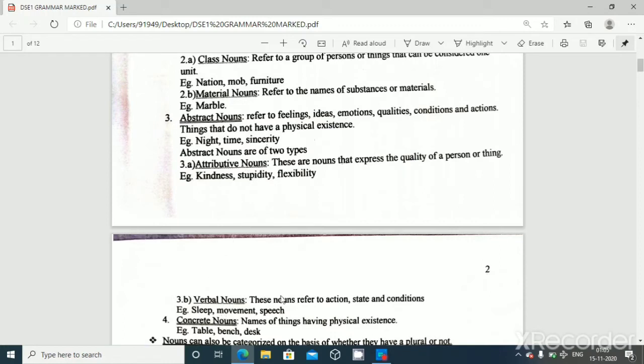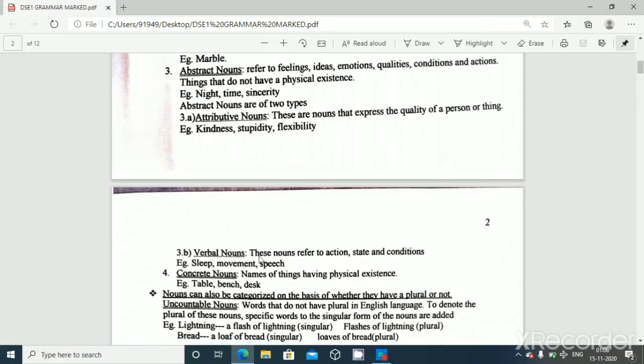And then these terms referring to actions, conditions, state of being, all these become the example of verbal noun. And concrete noun already we discussed. Even if I changed the order of discussion, now we know the relevance of doing the same. After knowing about concrete, it's very easy for us to talk about abstract.